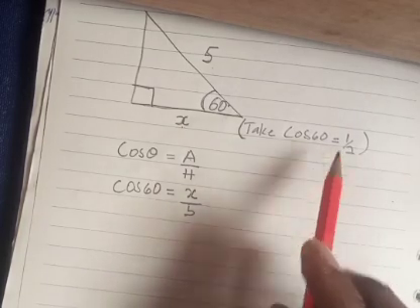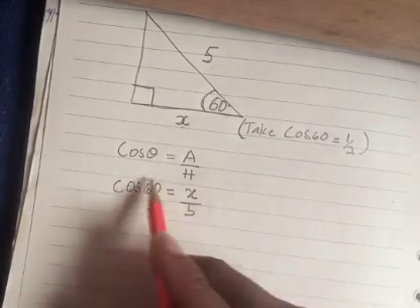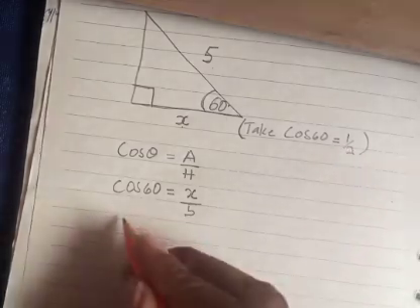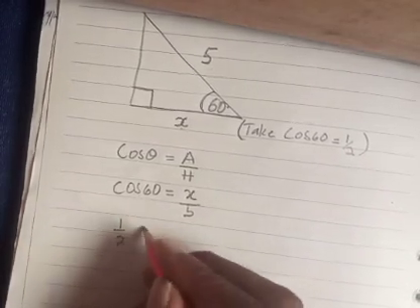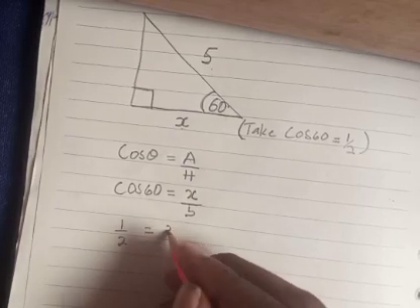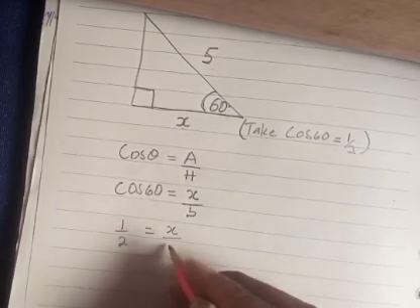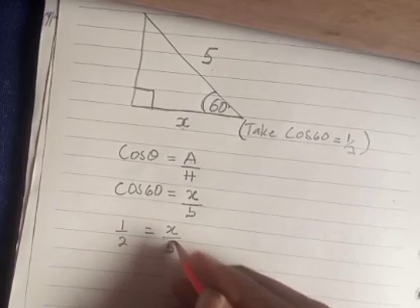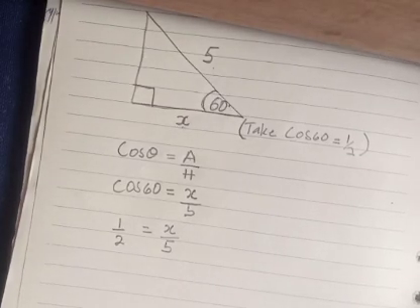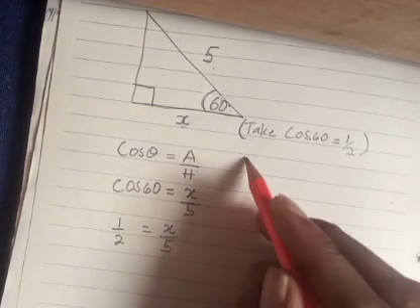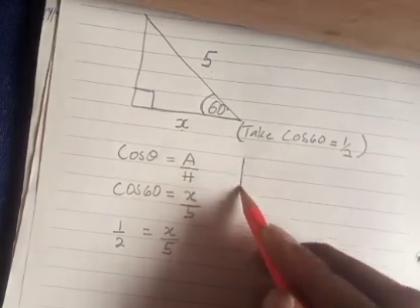Half. So in place of cos 60 I'm going to put half there. So I'm going to have half equal to x on 5, right? Good.